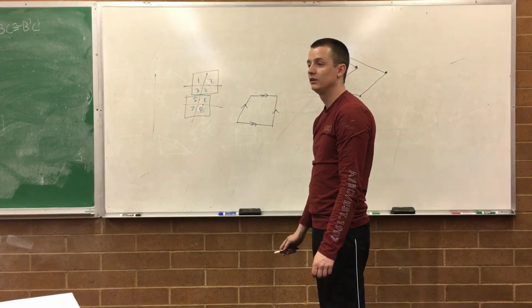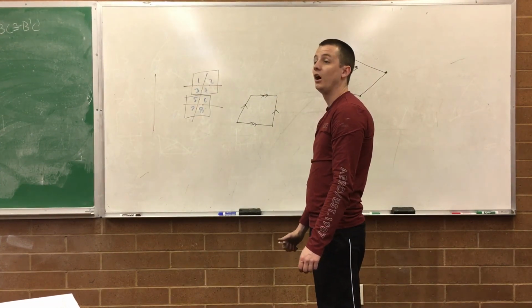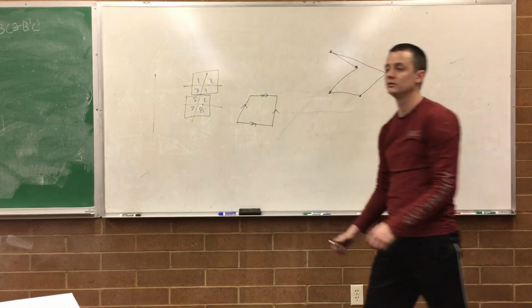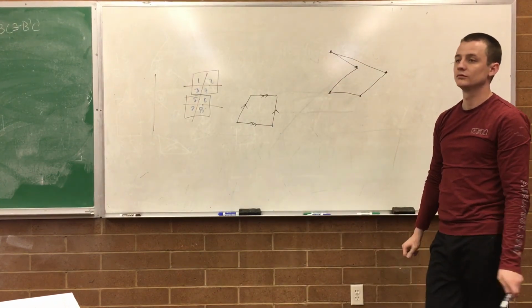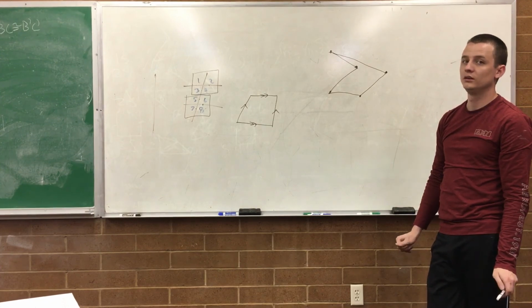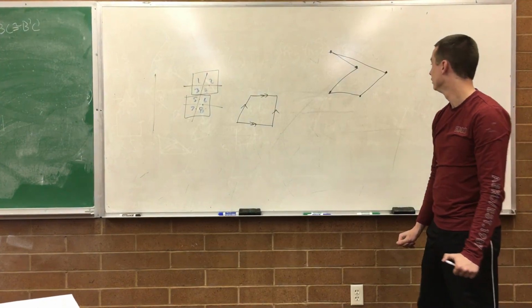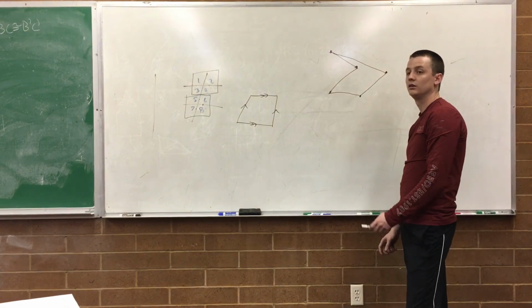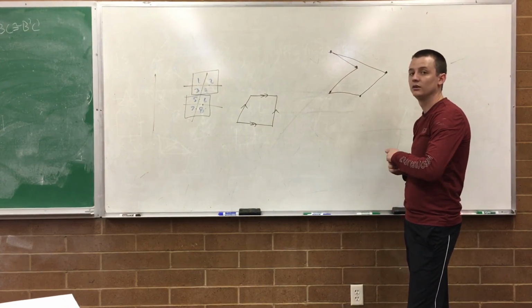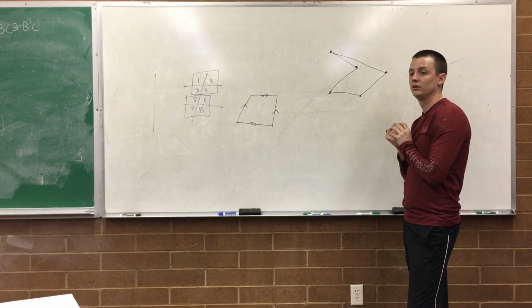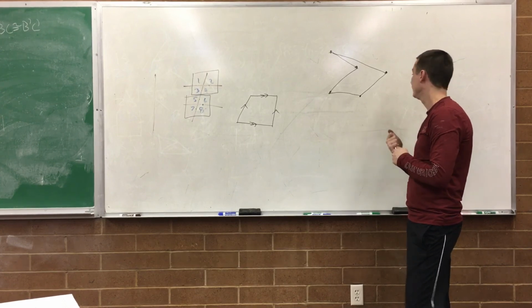What else do we have? Oh, what's a convex polygon? It's pretty much a polygon where if you have 2 points anywhere, then the segment can't be on the outside of it. Yeah, it can't be exterior.